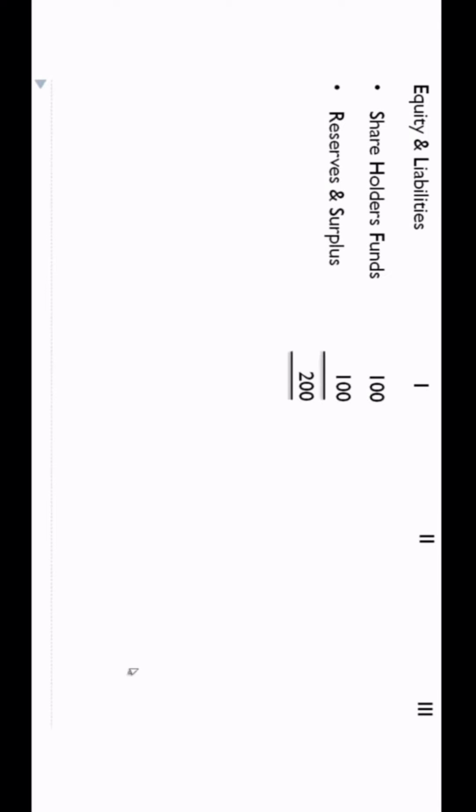So the total shareholder funds is 200, and the outsider funds, the banker funds are 100 and creditors funds are 100, so the total is 200. So here you have a total liability of 400. How is it? 200 of shareholders funds and 200 of outsiders funds.